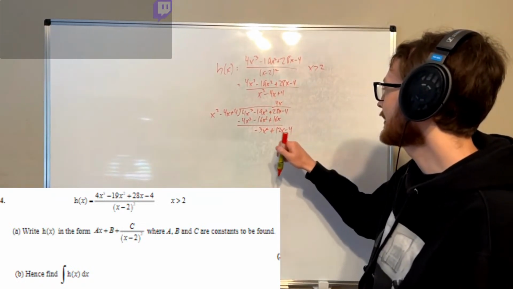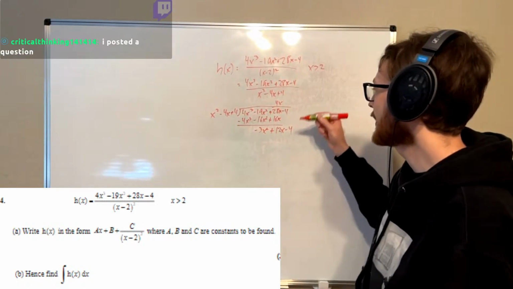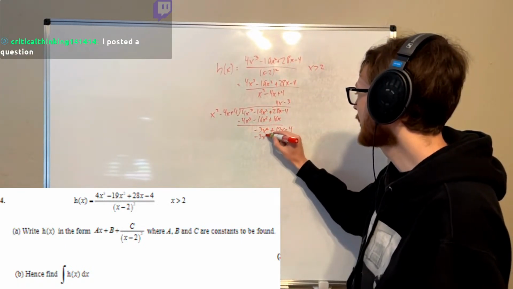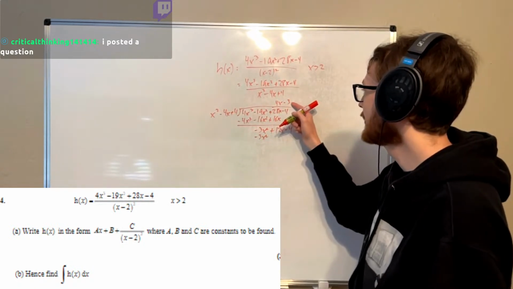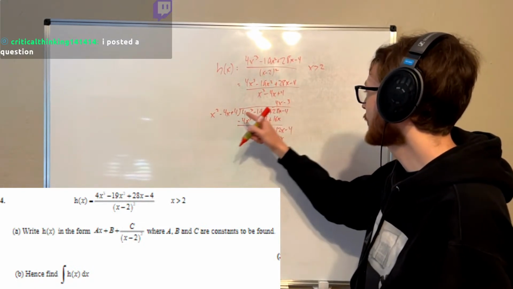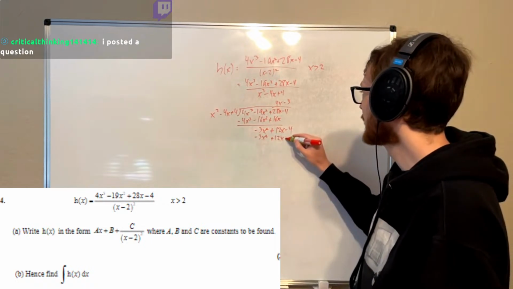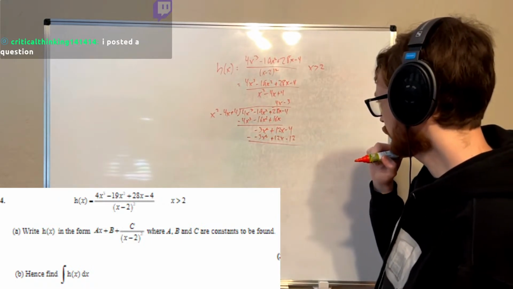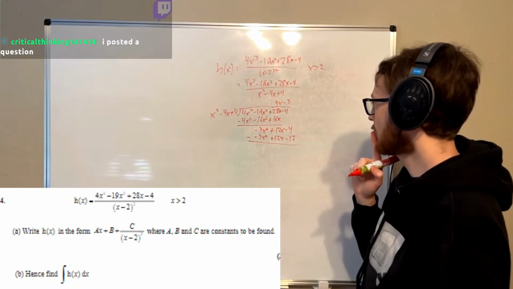Now we want to make the x squared match minus 3x squared. So let's multiply through by negative 3. So we get negative 3x squared from that and that. Negative 3 times negative 4x is plus 12x. Negative 3 times positive 4 is minus 12. Interestingly, the 12x's go away here.